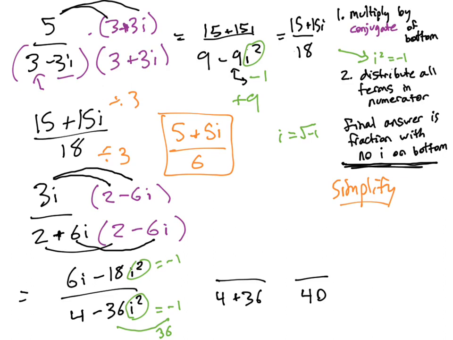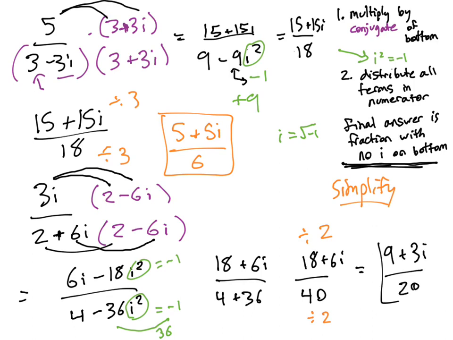So we have positive 18 plus 6i all over 40. And we can also simplify this fraction. Let's see, what is the biggest common factor? It looks like it's going to be 2. We can divide 18, 6, and 40 all by 2, and that will give us 9 plus 3i over 20.